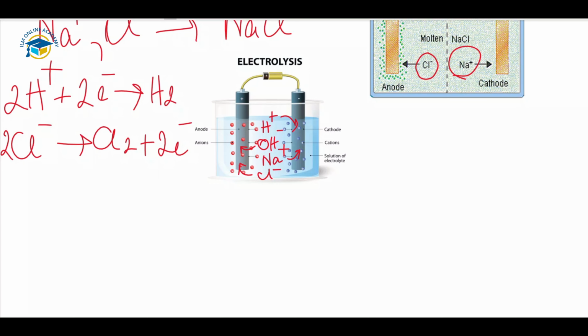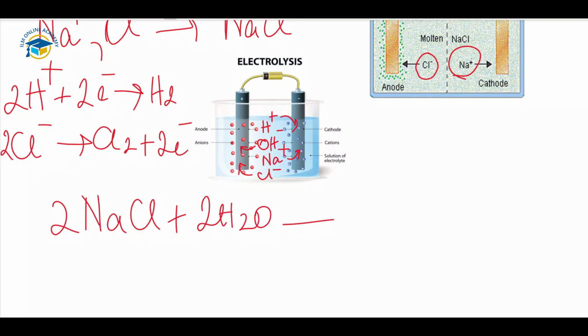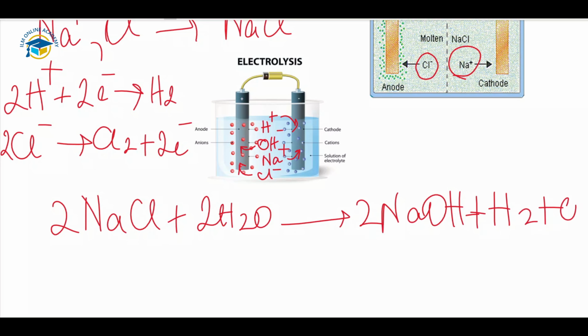For the concentrated aqueous solution of sodium chloride, 2NaCl plus 2 water molecules react together and form 2NaOH plus H2 gas formed at the cathode and Cl2 gas formed at the anode.